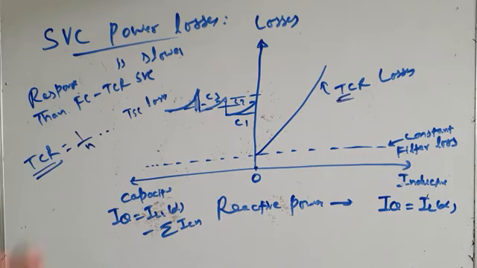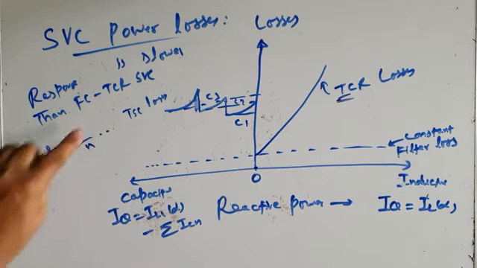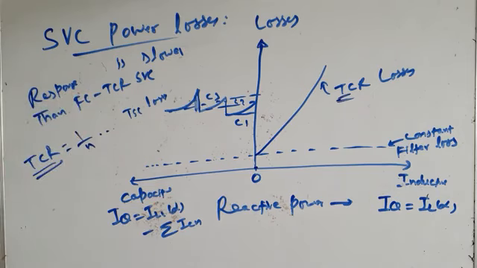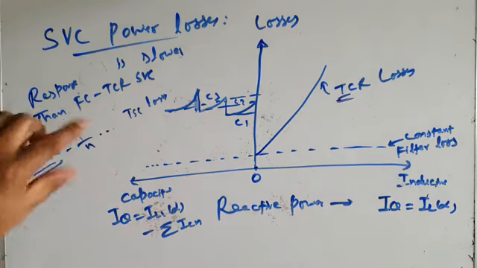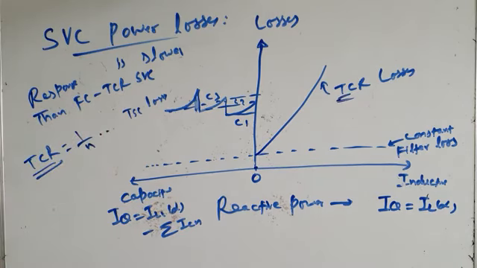On the other hand, the second type of SVC, that's FCTCR SVC, is the fastest SVC because the capacitor bank is permanently fixed, but the rating of TCR is highest. The rating of TCR is greater than the total capacitor bank MVA rating. So it is slightly costlier, but the response time is the smallest.